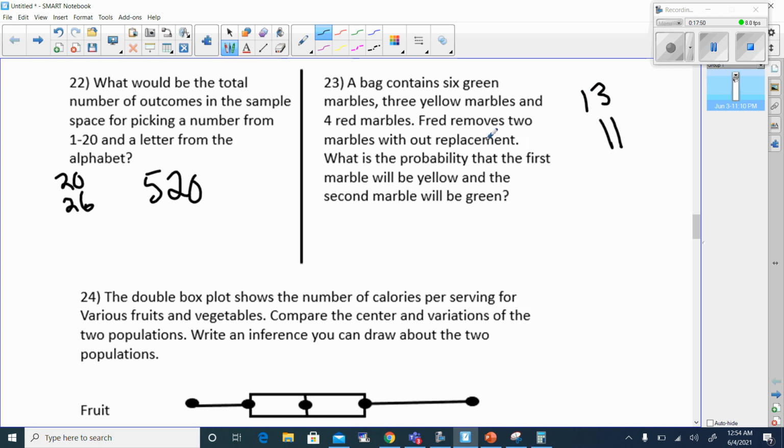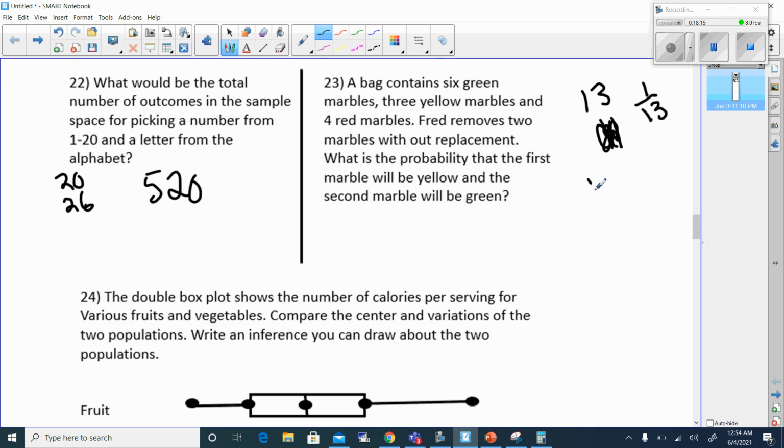Find the probability that the first marble will be yellow. There are 3 yellow marbles, so that's a 3 out of 13 chance, right? Okay. And now that I took that one out, it's without replacement, so there's only going to be 12 in the bag.